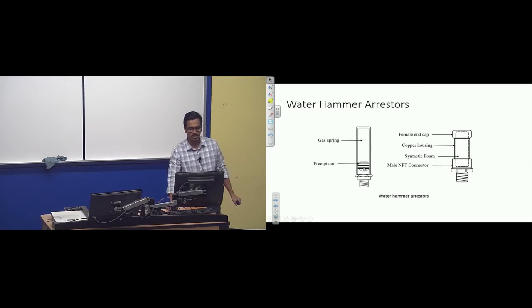Yeah, so in the gas spring type, you have a lot of moving parts because the spring is moving. Then you have these O-rings that are always in contact with the walls of the chamber, and it basically dampens using friction, so there's dissipation and energy loss that way too.